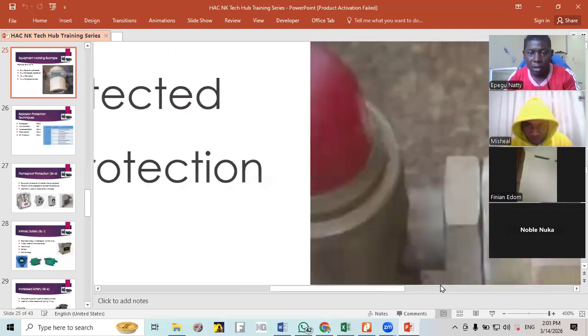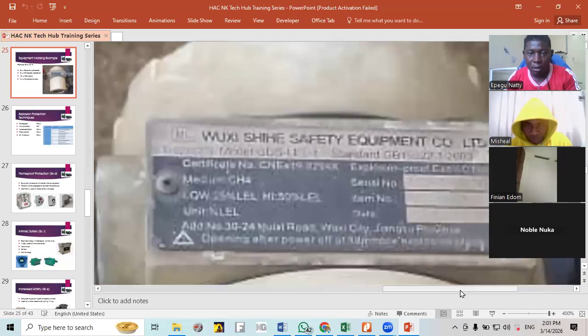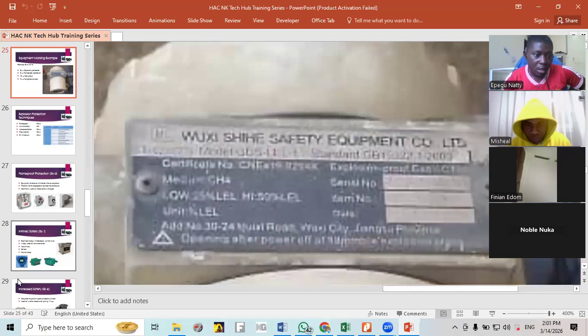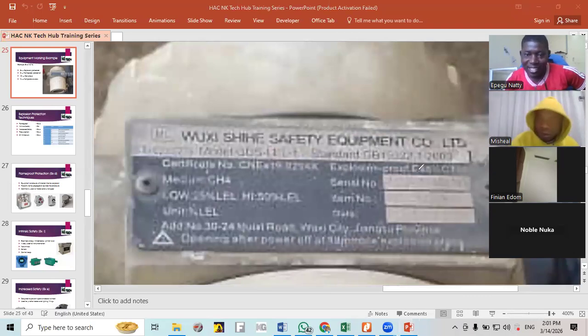Oh, I think it's not really very clear. But it's here. Let me show you here. The more you zoom in, it becomes blurred. But it is here now.